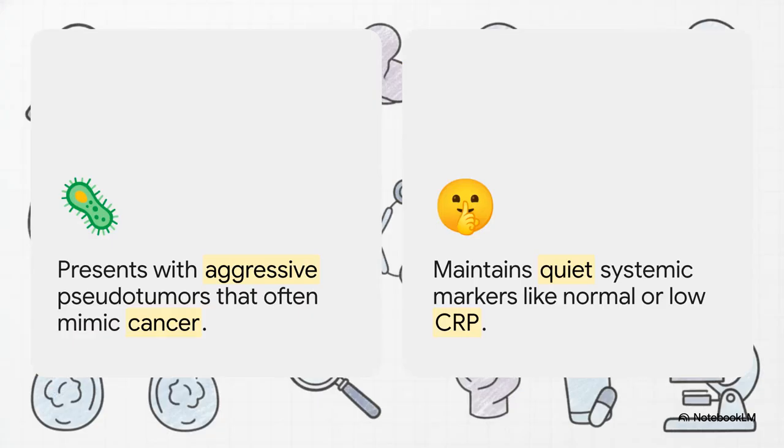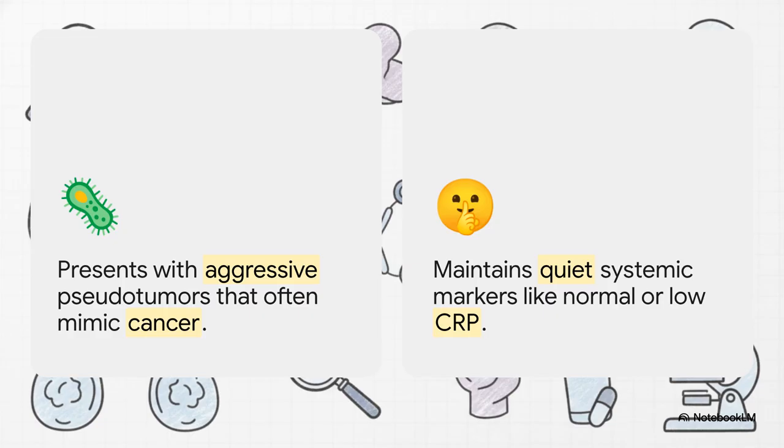Here's where we hit a massive clinical paradox that really defines this disease. The crucial takeaway is that despite having these huge, tissue-destroying mass lesions, the patient's systemic inflammatory markers tell a completely different story. Patients usually present subacutely, but surprisingly, even with multi-organ disease, they almost never have prominent fevers.